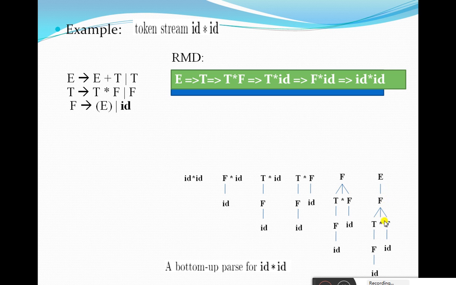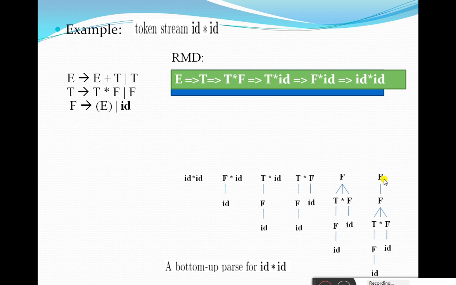So this way we started from the leaf, ID star ID, and we worked towards the root, that is E. And in the RMD what we do, we start with E, we replace it by T, and T is replaced by T star F, and next we replace F using the F arrow ID production.